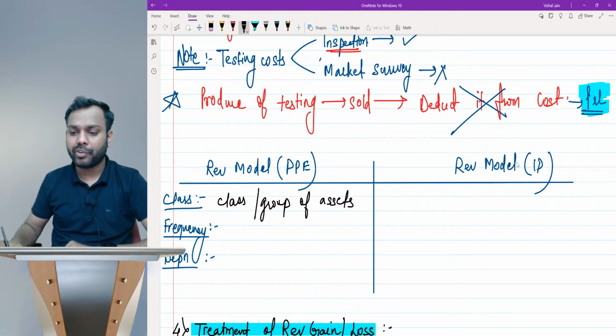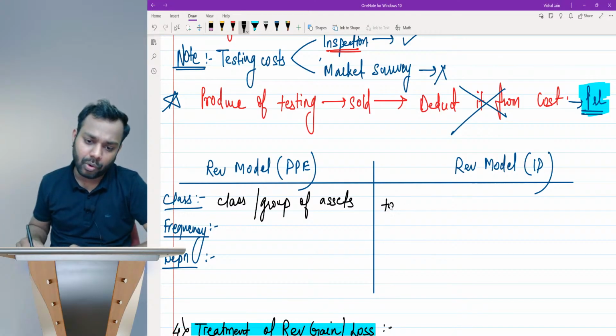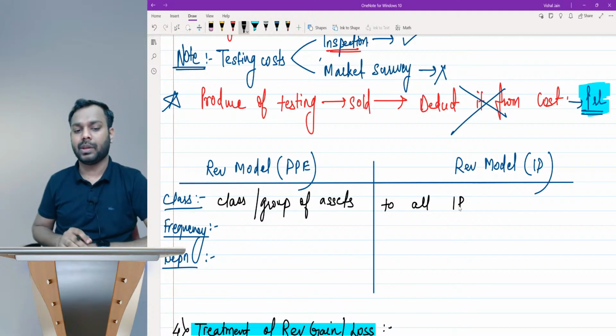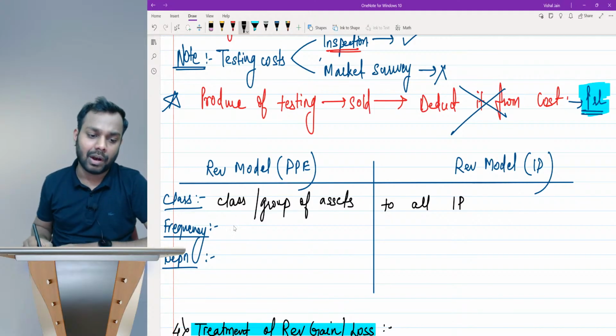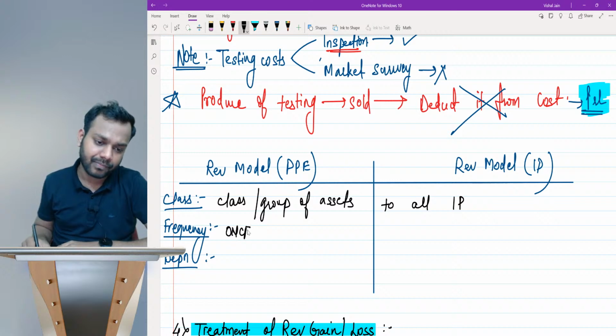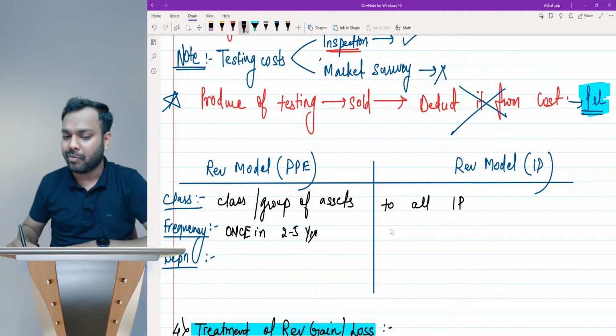But for revaluation model of investment property, to all investment properties. Frequency is once in 2 to 5 years.